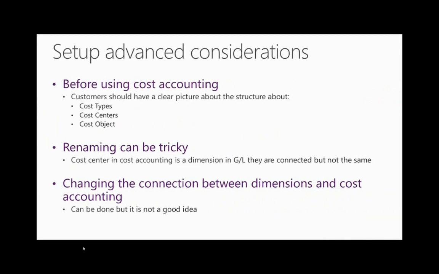one important thing is if you have a partner asking what he should tell a customer who now wants to use the new module, what they should do, how they should implement it. The most important thing is that before starting to use the module, they have a clear concept of cost centers and cost objects. Cost type is not so important. You can use the cost types in a one-to-one relationship to the GL accounts.